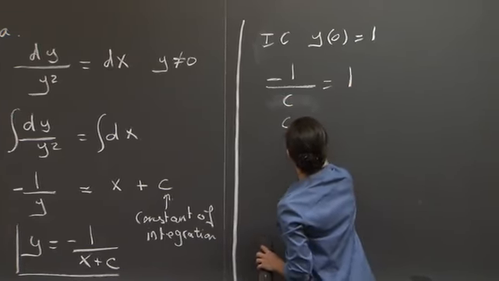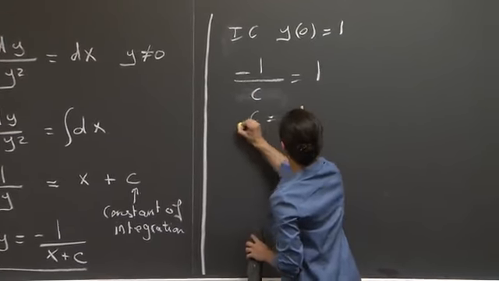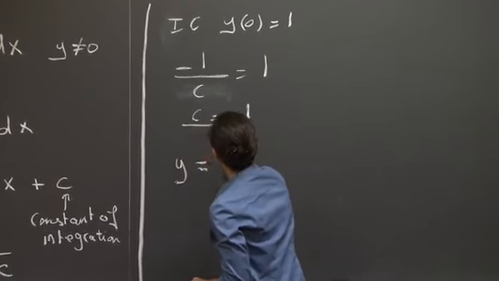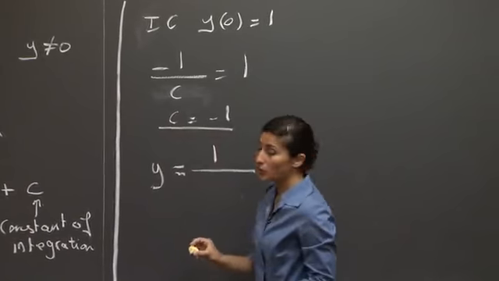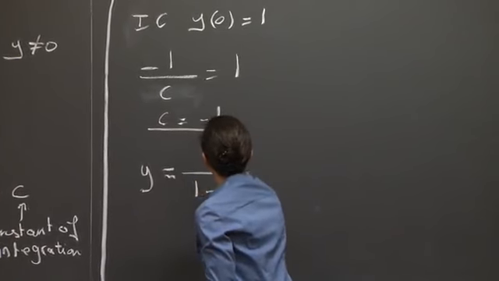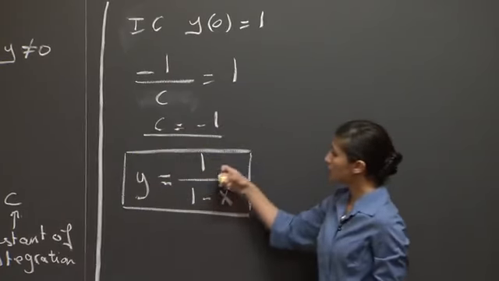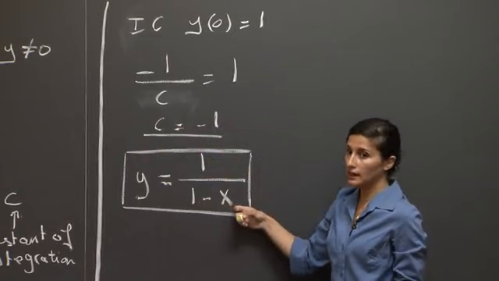So we end up with a value for our constant of integration, c equals minus 1. And so the solution to this problem is y(x) equals 1 over 1 minus x.